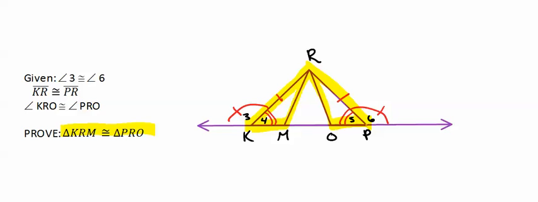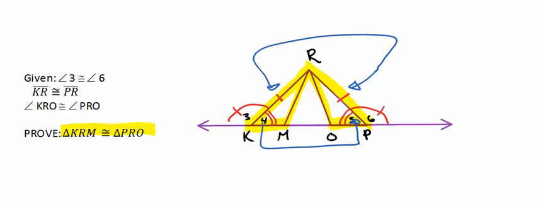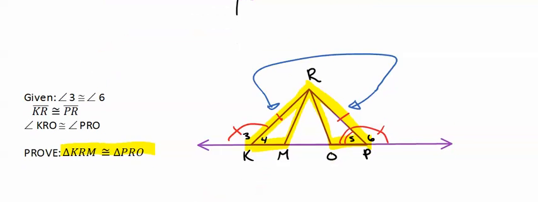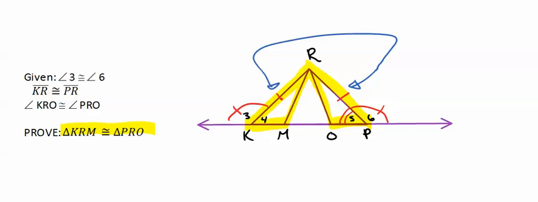Now, look at the highlighted triangles. What you should notice is that we already have a pair of congruent sides, and we also have a pair of congruent angles. Sorry, but the congruent angles actually are at the top.